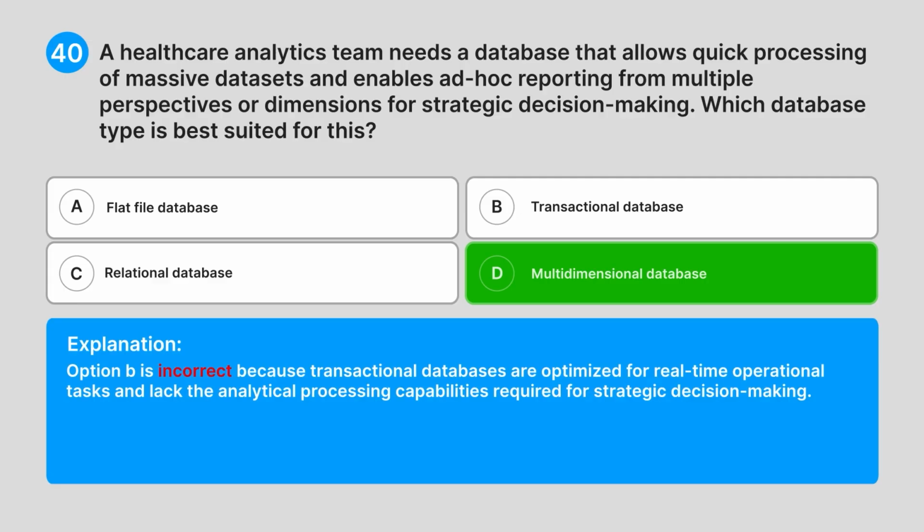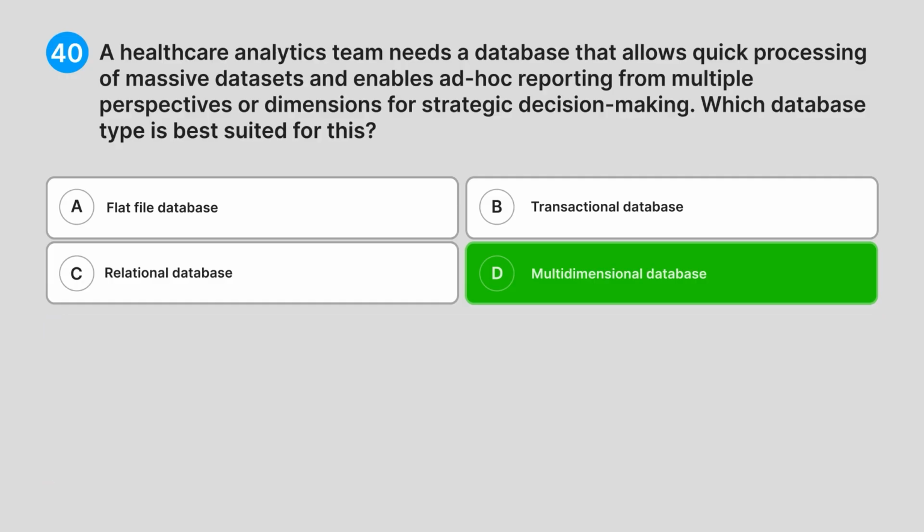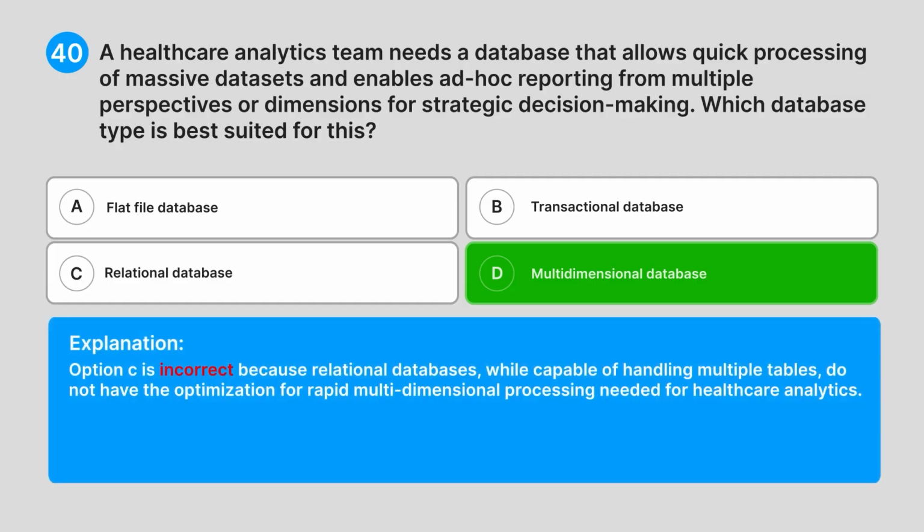Option B is incorrect because transactional databases are optimized for real-time operational tasks and lack the analytical processing capabilities required for strategic decision-making. Option C is incorrect because relational databases, while capable of handling multiple tables, do not have the optimization for rapid multidimensional processing needed for healthcare analytics.